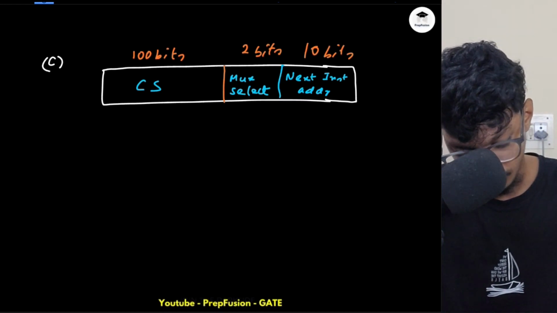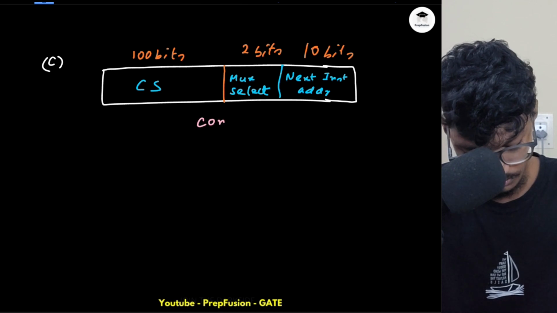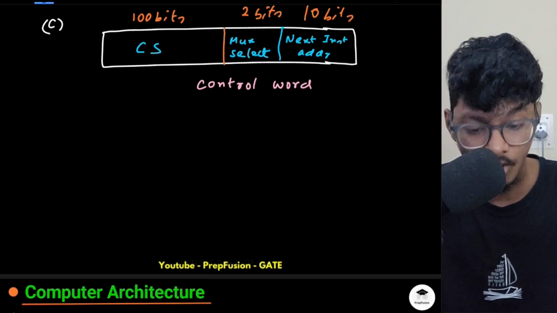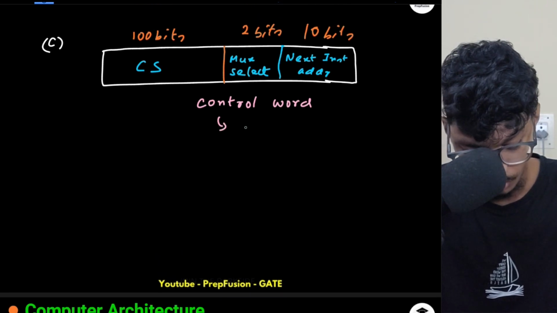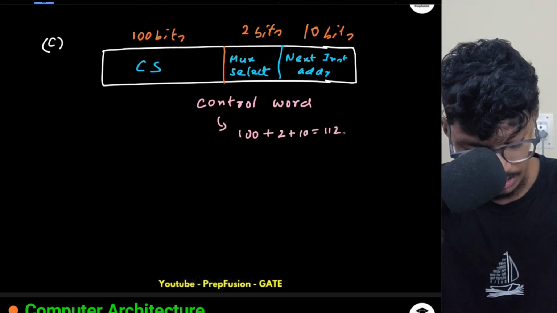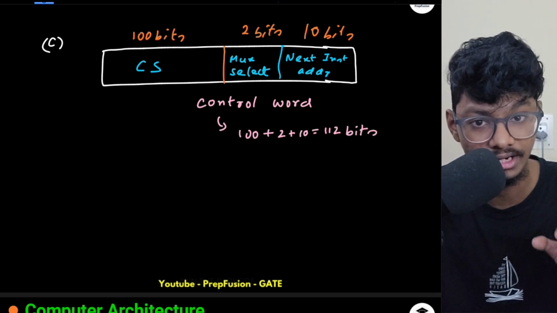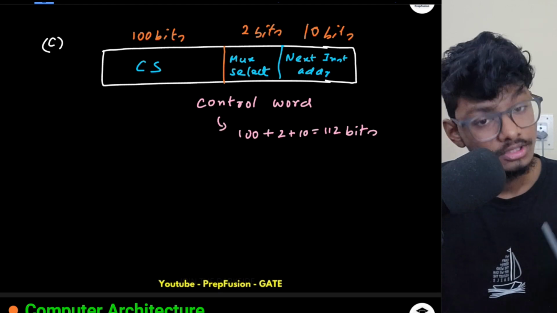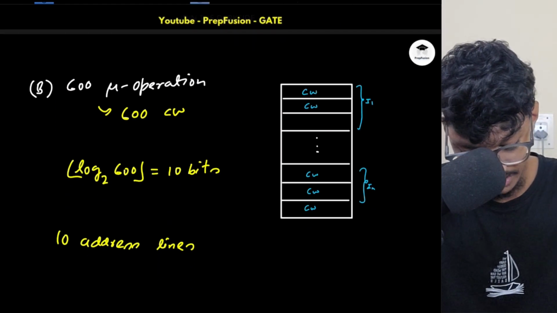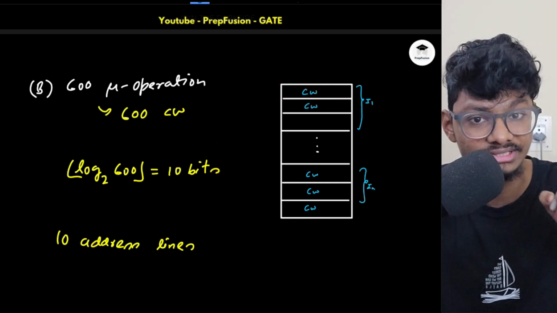So each control word contains a total of 100 plus 2 plus 10, that is 112 bits. So total, how much memory will I have? Each control word here is 112 bits, and how many of these do I have? 2 raised to power 10, because it's a 10-bit address line.